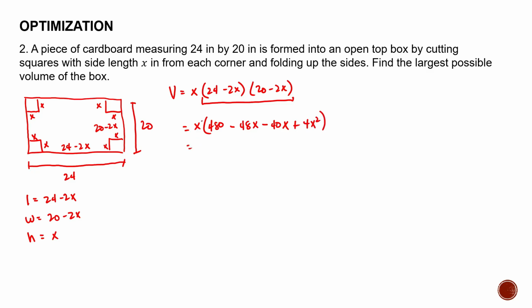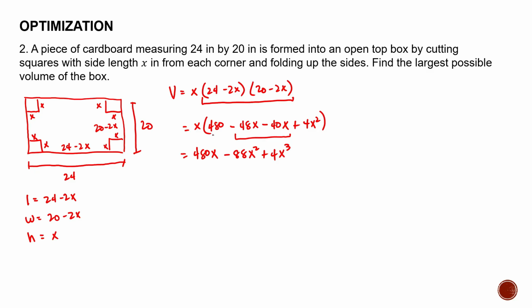Now let's distribute the x, and at the same time let's combine these two. So this is now going to be 480x minus 88x squared plus 4x cubed.